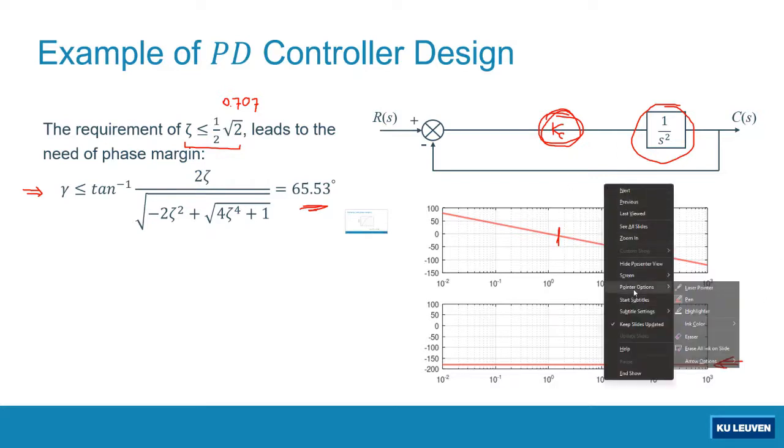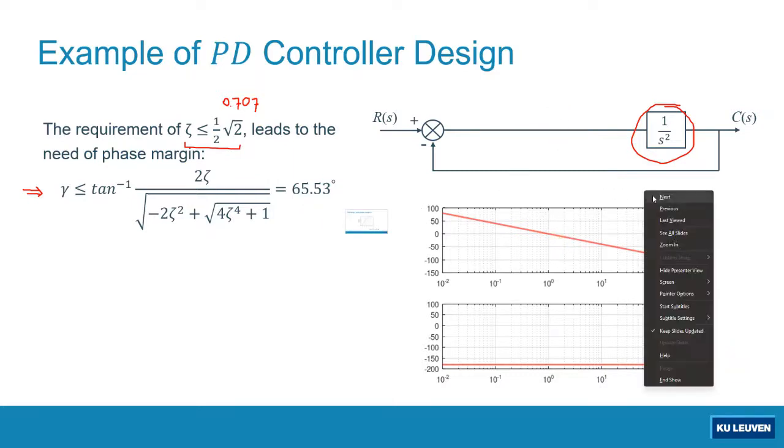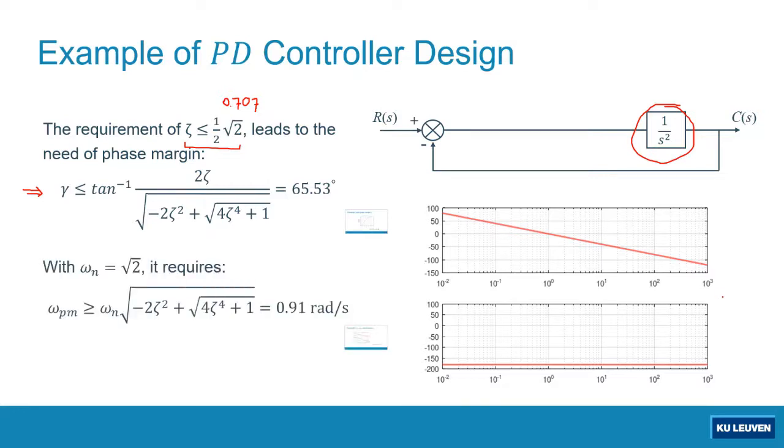Let me erase this first before we continue. So because we are not going to use simply a proportional controller, let's restart our thinking process here. We want to have phase margin less than or equal to 65.53 degrees. Let's take a look now at the second requirement.